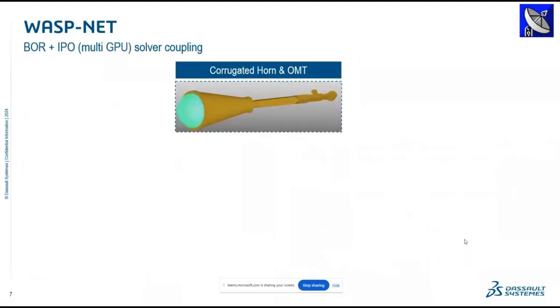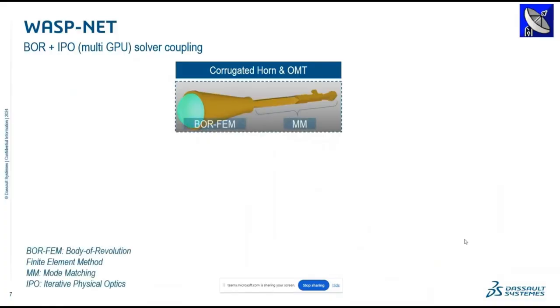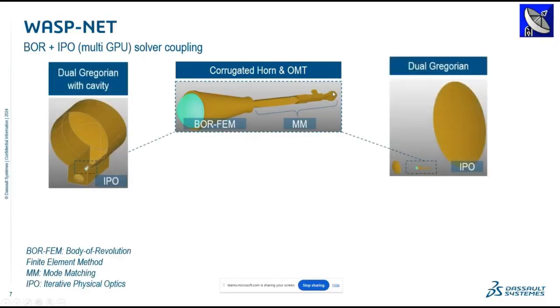Not only that, the tool also comes with advanced solvers like body of revolution and iterative physical optics methods, which will enable you to solve very quickly this kind of complex corrugated horn with lens and complex feed networks. These kinds of feed networks are typically used for subreflectors and main reflectors, and as an example, this kind of Gregorian reflector system.